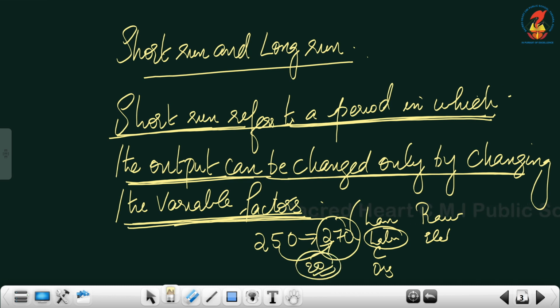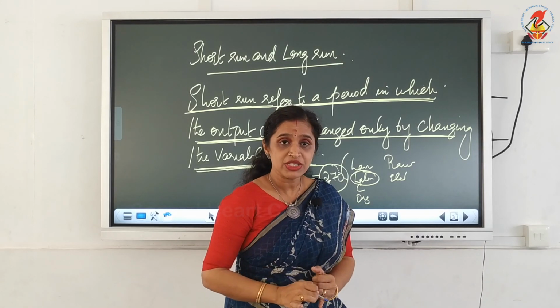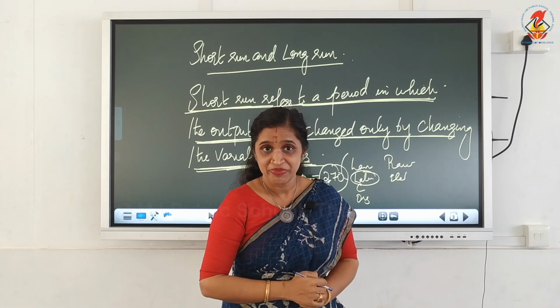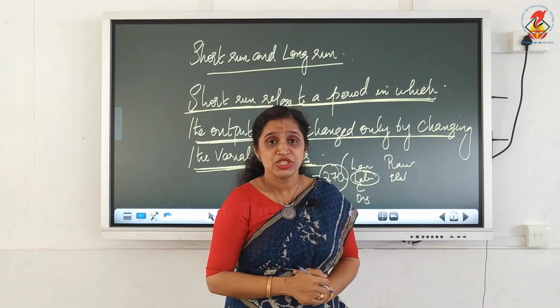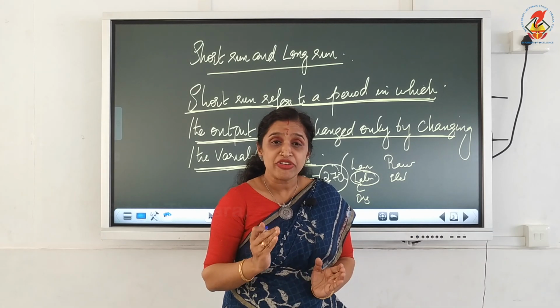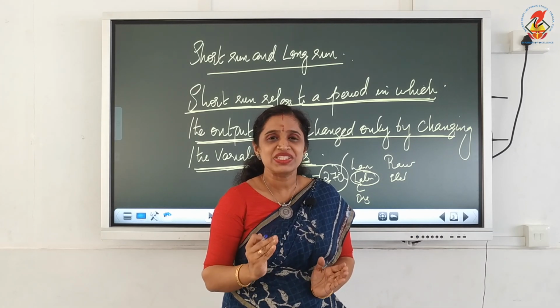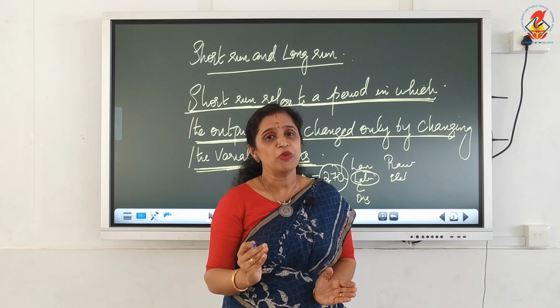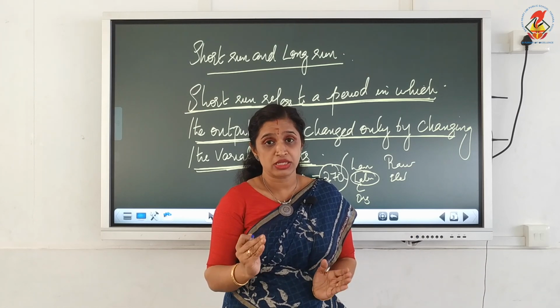This increase of 20 shirts can be made only by changing labor, raw materials, etc. We can't change the area of land. That kind of time period is known as a short run. It is only for a short period of time, the existing time period.